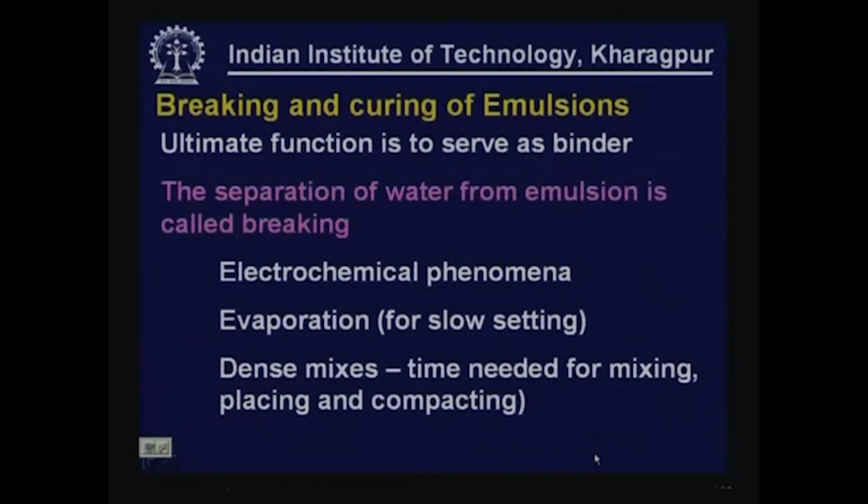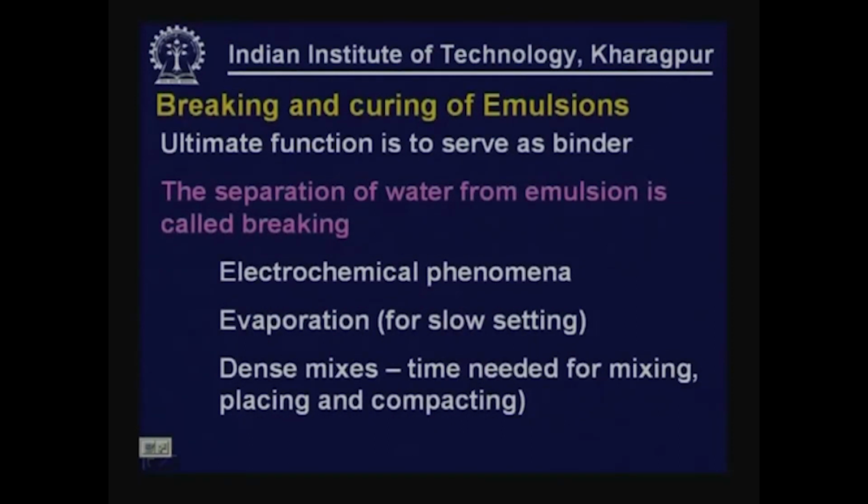As I said, ultimately we need bitumen to be left behind and the water should go away. The removal of water from emulsion is called breaking. Breaking is a process which occurs through various phenomena. It could be electrochemical phenomena, or it can be through evaporation, especially for slow setting emulsions.